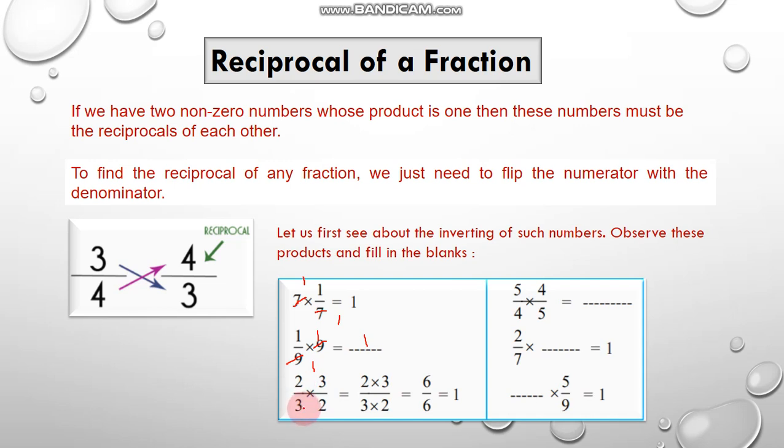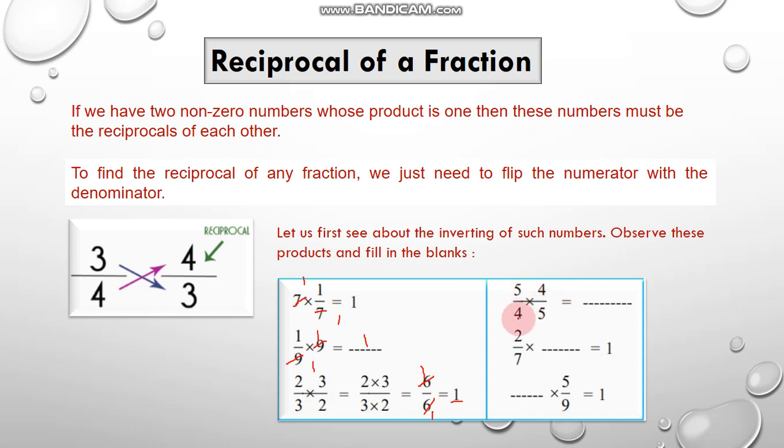Next is 2 by 3 multiplied by 3 by 2. So here if I multiply numerators, 2 into 3 product is 6 and 3 into 2 product is 6. So again reduce this, 6 ones are 6, your final product is 1. That means multiplication of these two fractions gives your product as 1, means these two fractions are reciprocal of each other.